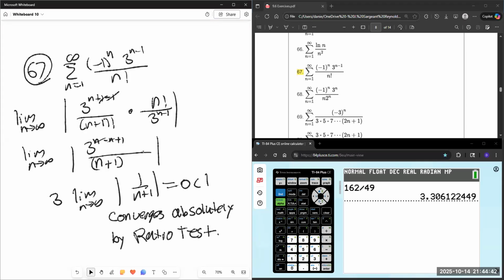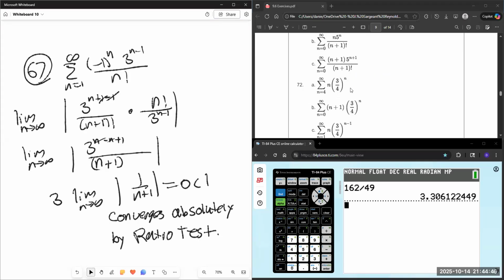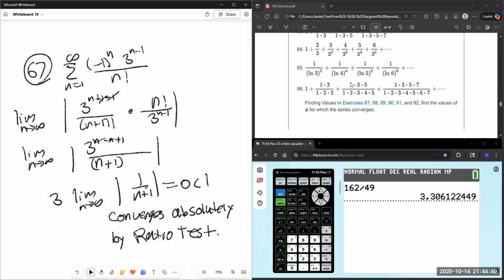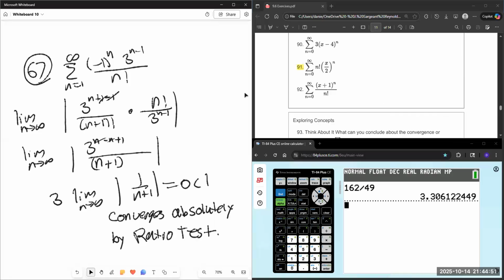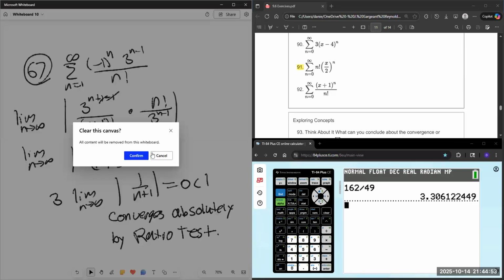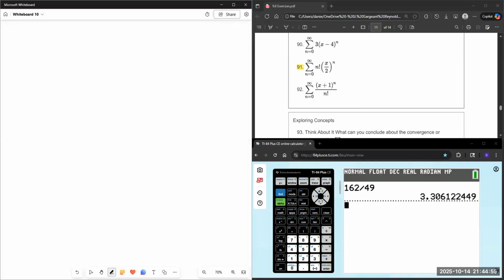And let's wrap up with 91, which is going to kind of show us where we're going to be using this going forward. But I'm going to have this thing called a power series, which is going to have x to a power of n like this.